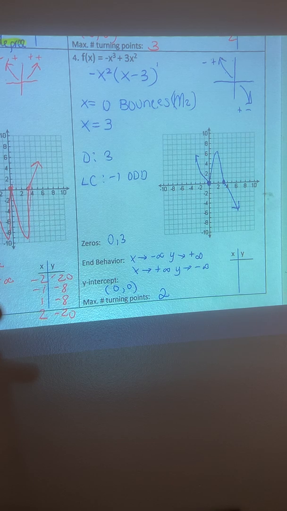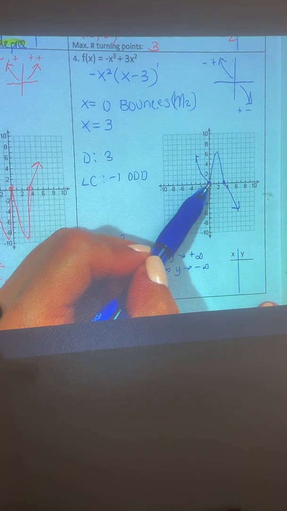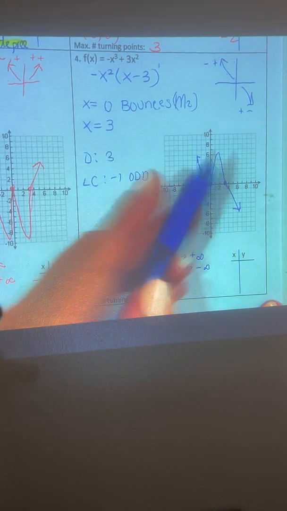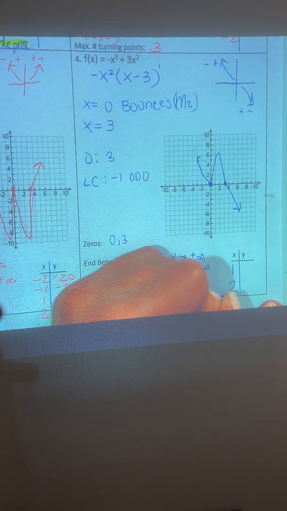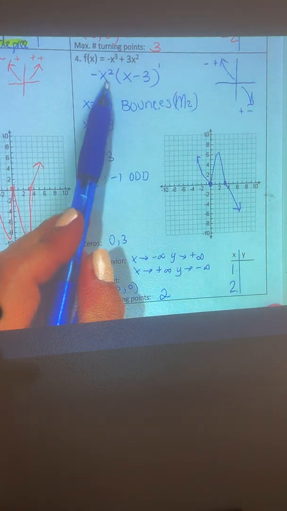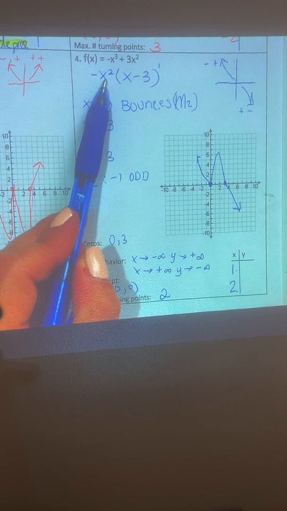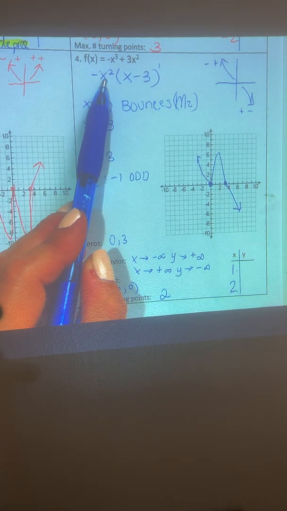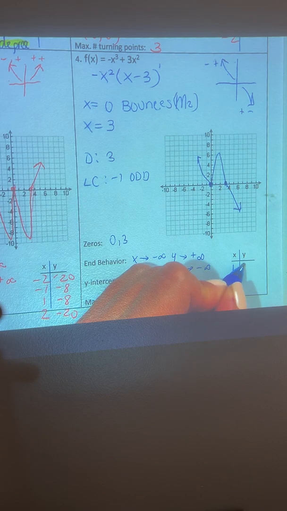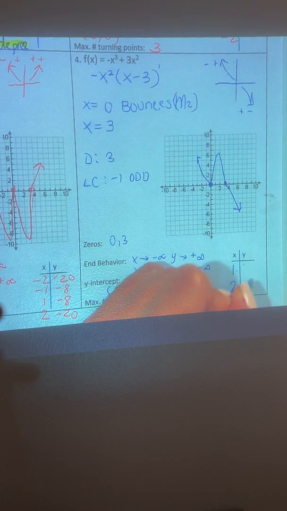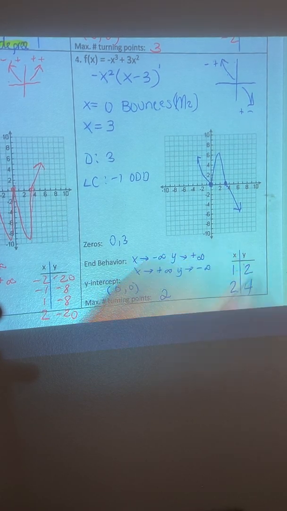And again, I could use an XY table. What's in between 0 and 3? 1 and 2. If I plug in 1, okay, and plug in 2, you get 4. I'm sorry, if you plug in 2, you get 4. If you plug in 1, you get 2.